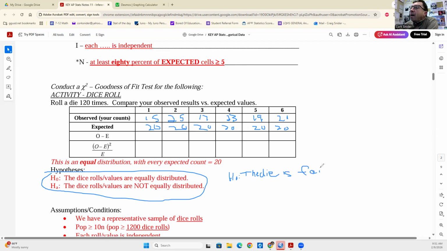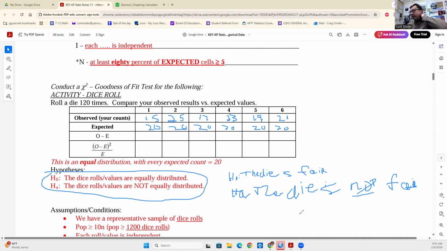F-A-I-R, fair. Sorry, it's hard to write with a mouse. And then HA, the die is not fair. That would be another way to write it. Okay. Not fair means it's different.